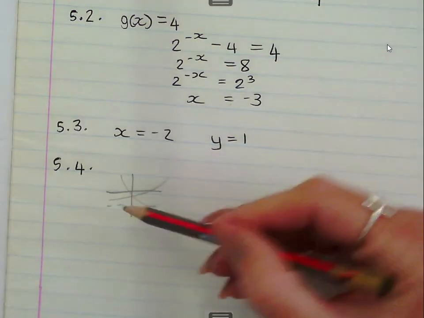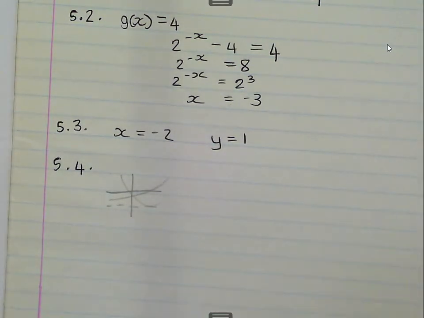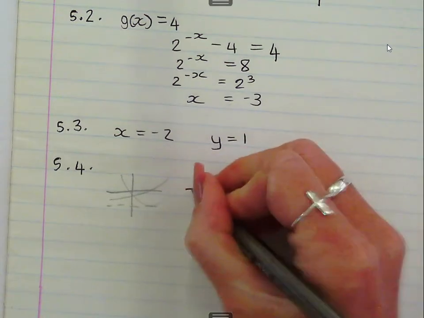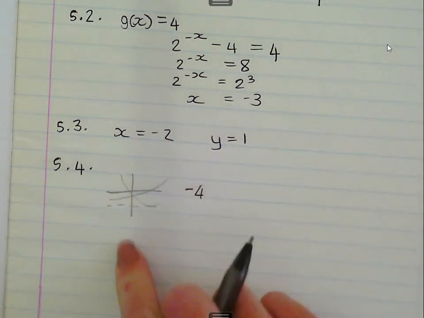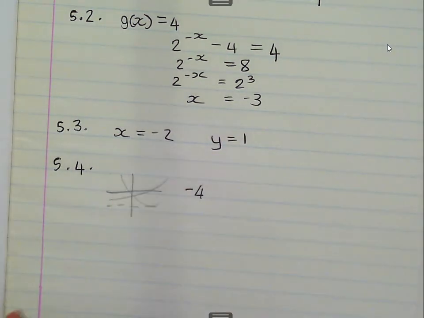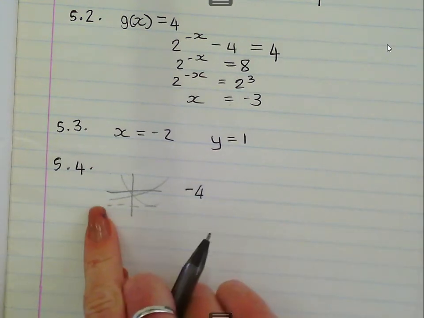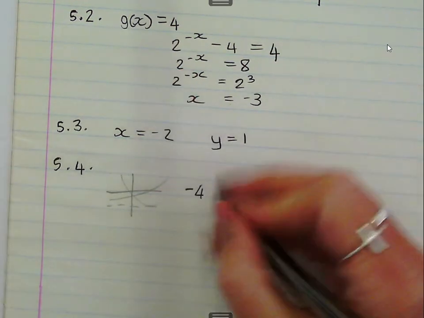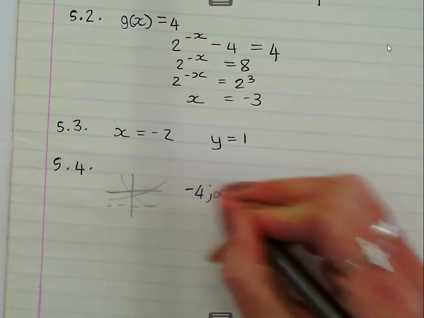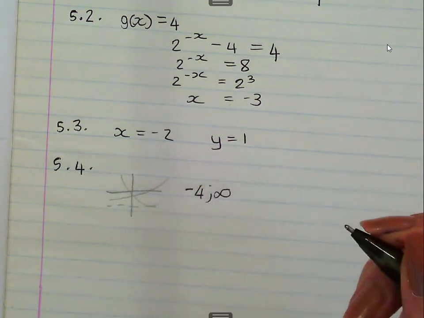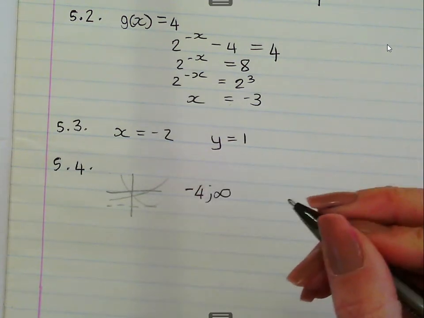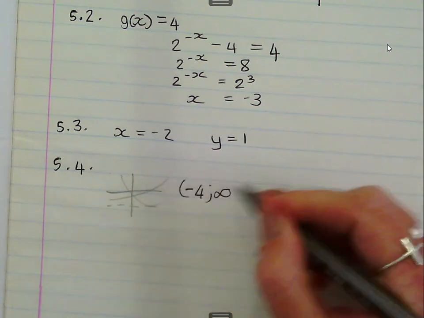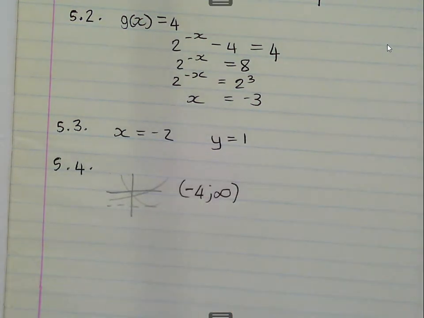Because what is the smallest y value that it can reach? -4. It can't be -infinity. It's not going to cross. It's at the top. This is -4. Okay. And what's the biggest number it's going to reach? Infinity. Can I include -4? No, it's an asymptote. You never include an asymptote. And we don't include infinity.